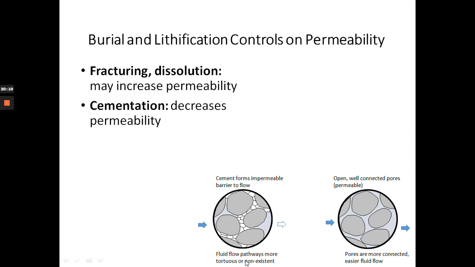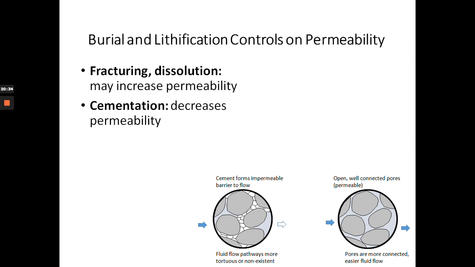So fluid flow pathways, we say, could be tortuous or may not exist at all. Now, because of dissolution, your cement is destroyed, and now you have a good pathway for fluid flow. So in this case, you are increasing permeability.